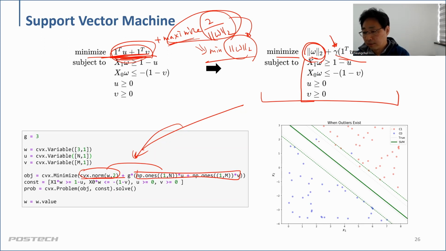The first thing is the outliers, and the second thing you are supposed to look for is how large the margin is. We can catch two birds with one stone.